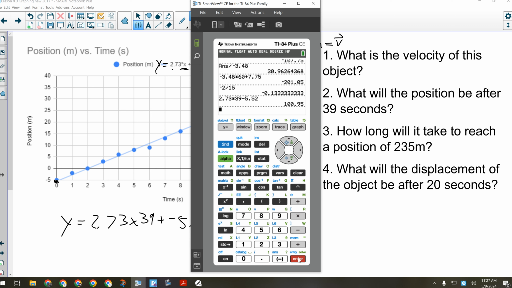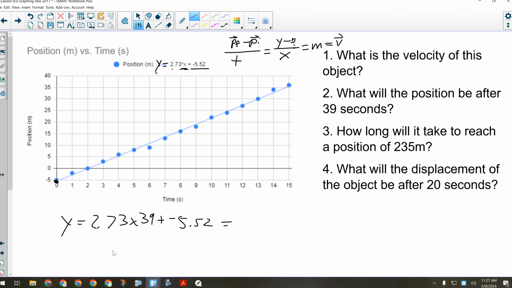Okay. And then how long will it take to reach a certain position? Well, how long is time? So I'm looking for x, and they gave me something in meters. Meters is on the y. So I was given y, I already have b, I already have m, so I should be able to solve for x. So y equals m times x plus b. I subtract b over to the other side, divide by m, and I'm solving for x.